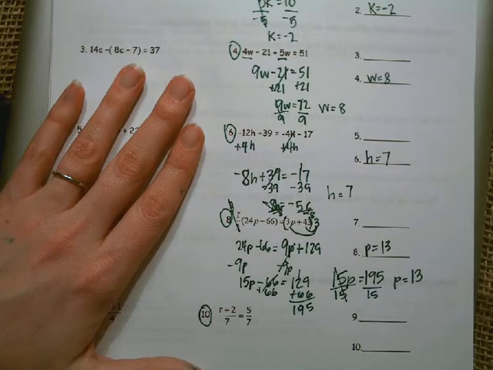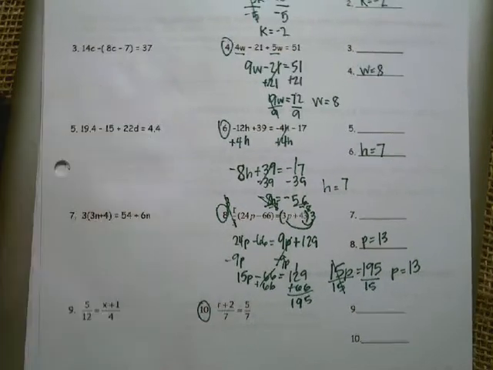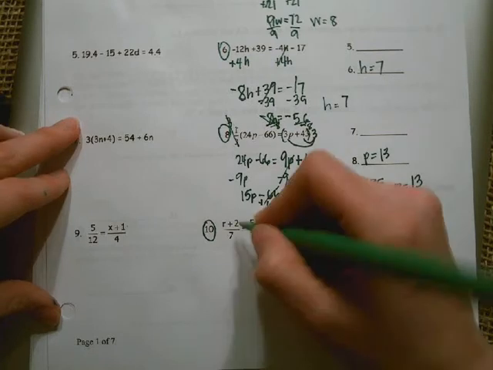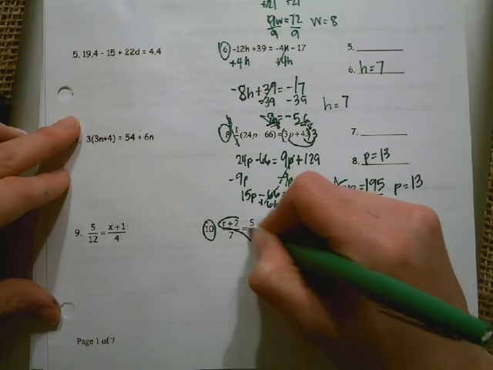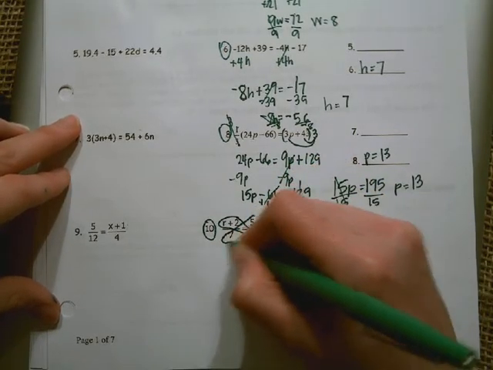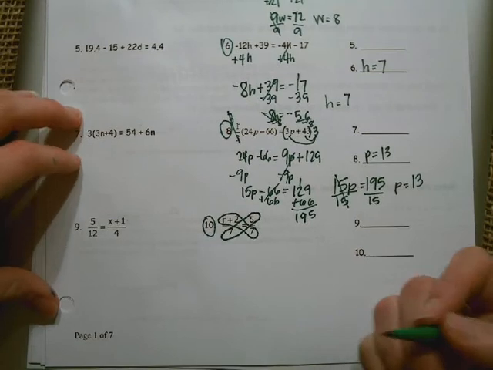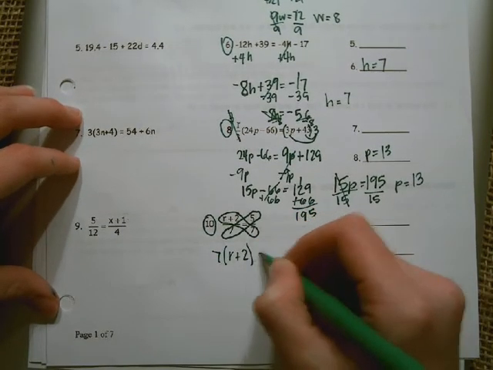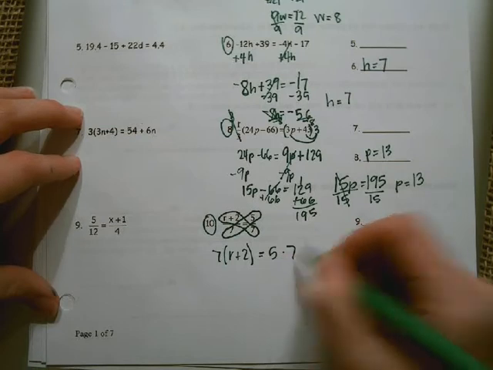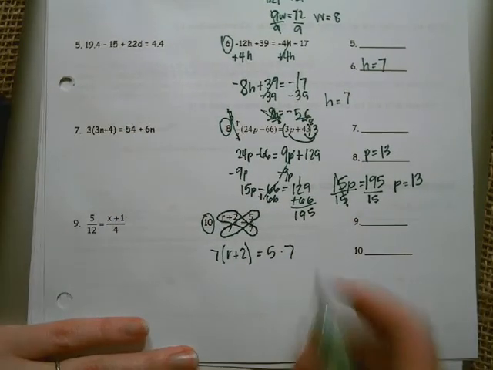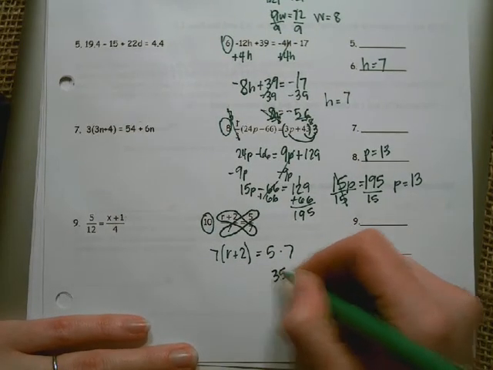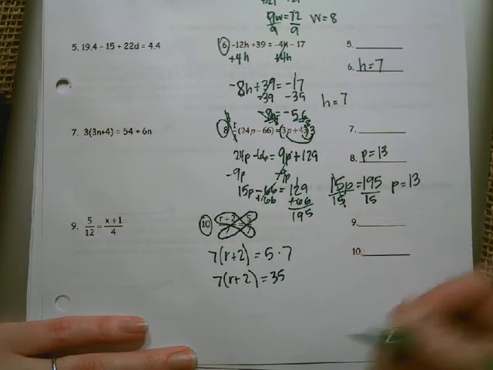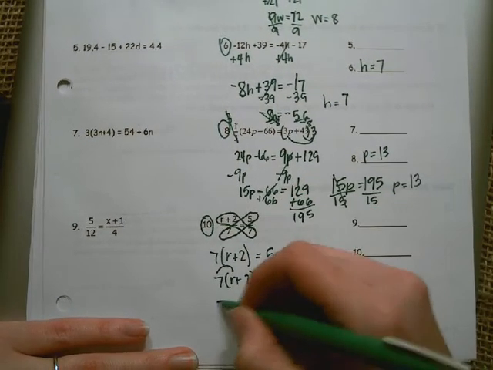Number 10 is a proportion. Remember, when we have a proportion, we go ahead and cross multiply and set that equal to the other side. So 7 times r plus 2 equals the 5 times 7. 5 times 7 is 35 equals, and then 7 times r plus 2 you'll need to distribute. 7 times r is 7r. 7 times 2 is 14.